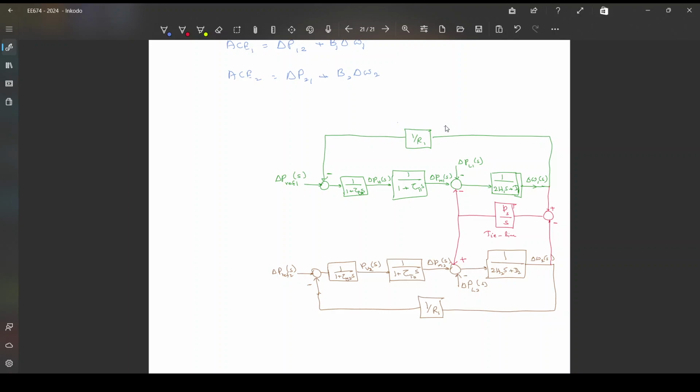So we have the two area control, but now instead of the reference, we are introducing the area control error, right?